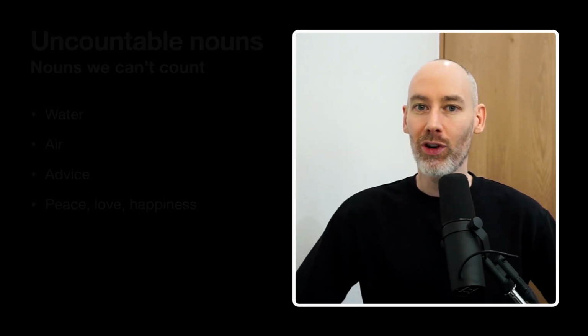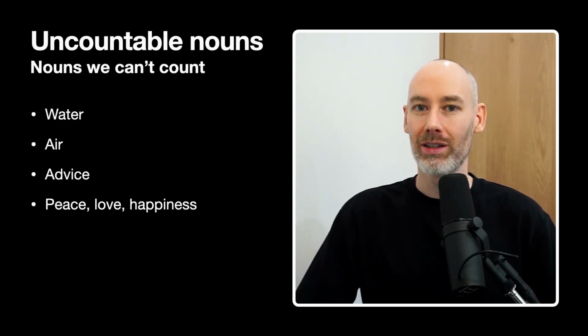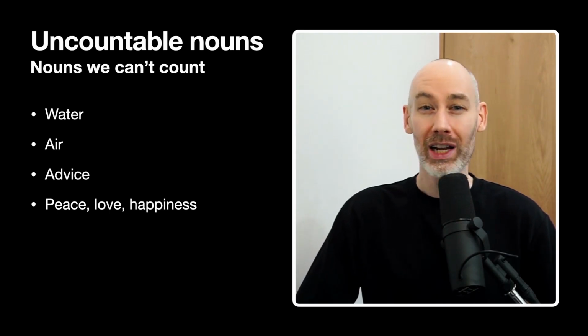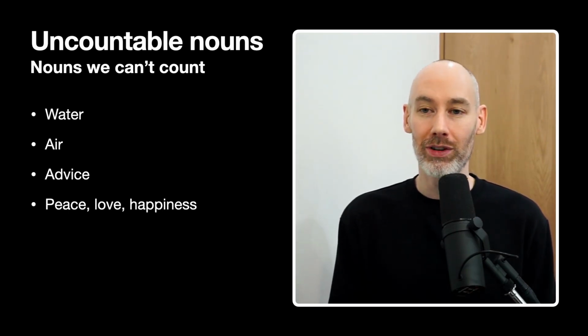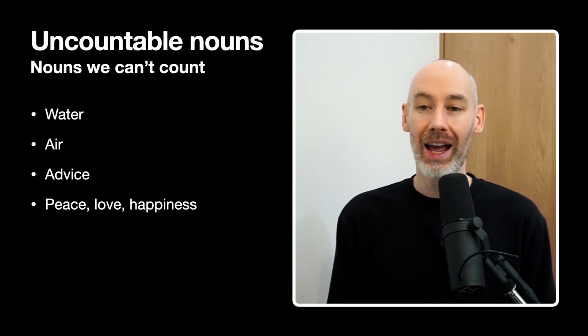Now, the more difficult category is uncountable nouns. Uncountable nouns, or some people call these non-count nouns. And an uncountable noun is just a thing that cannot be counted. So I have some examples on the screen here: water, air, advice, peace, love, happiness.